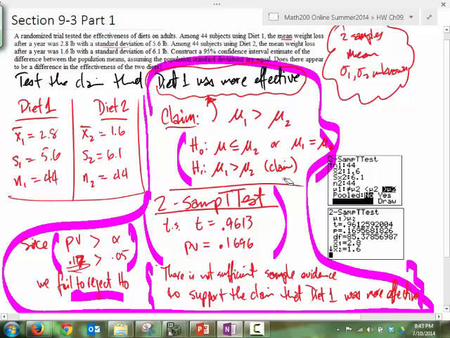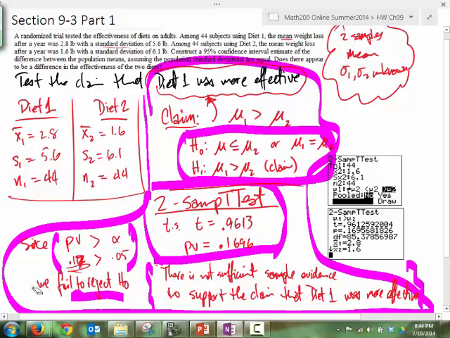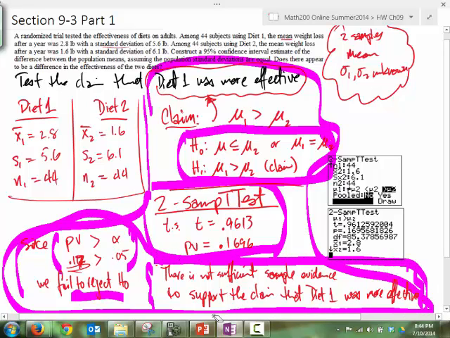So those, to me, become the 3 major components of the hypothesis test: the statement, the collecting information for the test, and then the conclusion, the conclusion that includes rejecting or failing to reject. If I were to put this in 3 boxes, this is one box, this is the other box, and this is the third box that would encompass all this stuff.